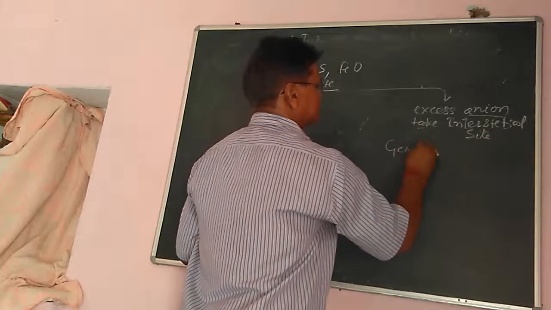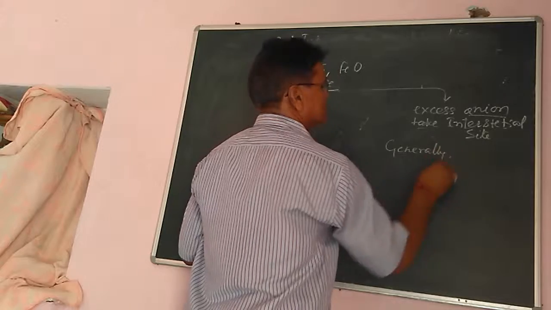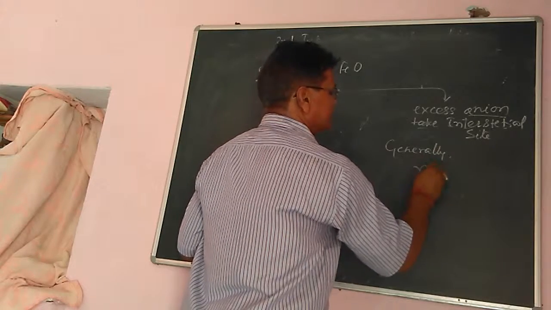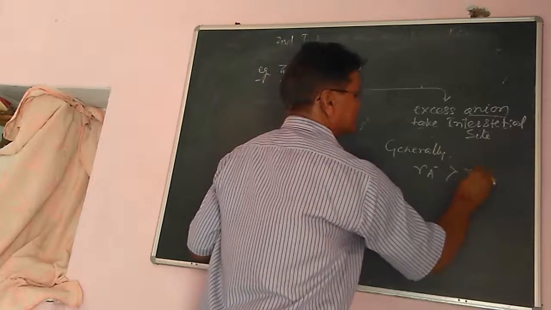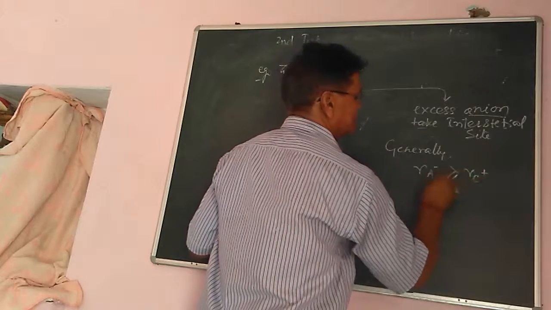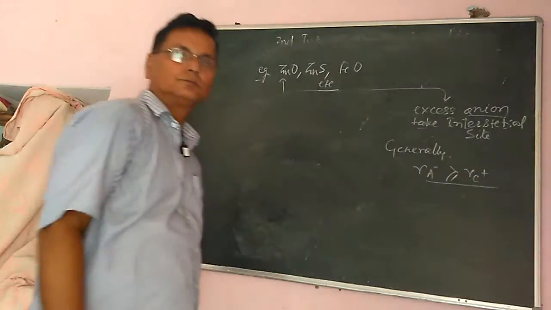Generally, the radius of anions is larger than or similar to the radius of cations.